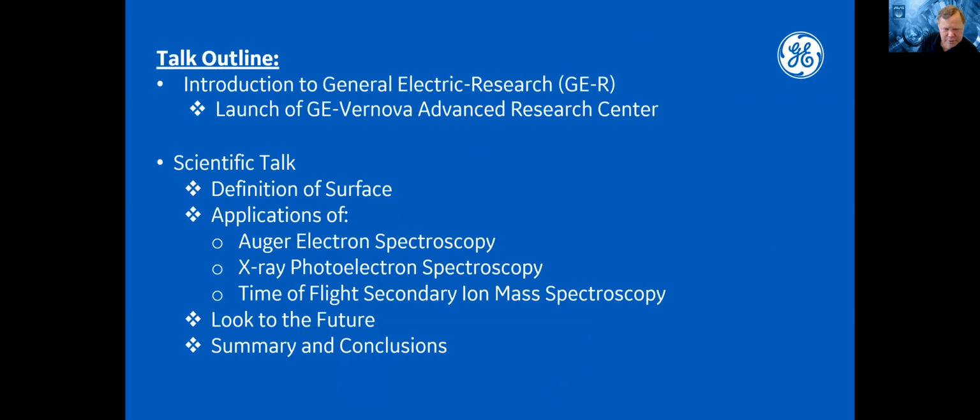And as mentioned, I'm going to focus on applications of the 3 main techniques that are used for chemical analysis: Auger Electron Spectroscopy, X-ray Photoelectron Spectroscopy, and time-of-flight secondary ion mass spectroscopy. After I go through the applications, I want to look to the future and then jump into summary conclusions and answer any questions.